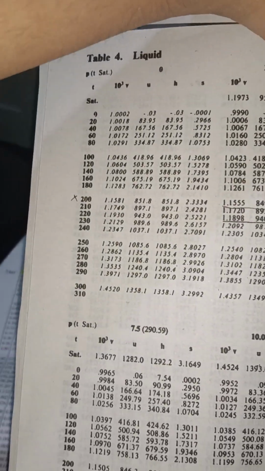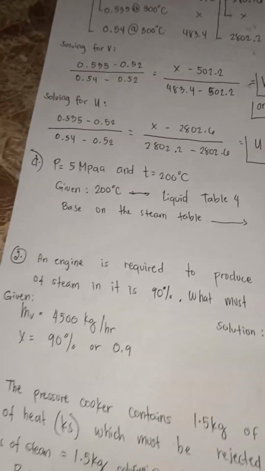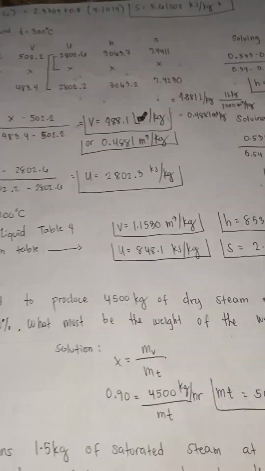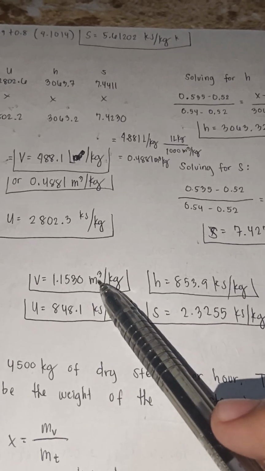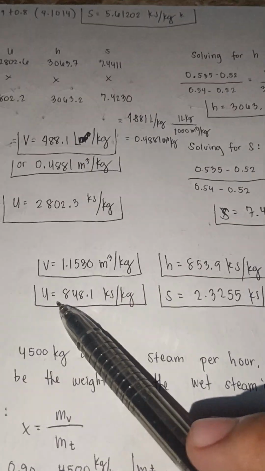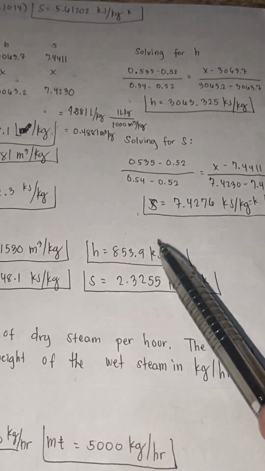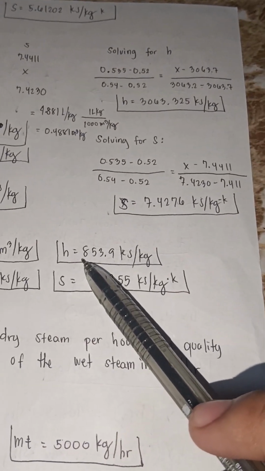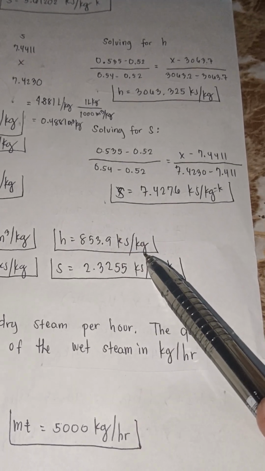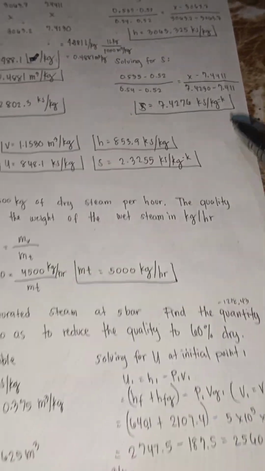So based on the steam table, here are the given. So the volume is equal to 1.1530 cubic meter per kilogram. And the internal energy of 848.1 kilojoules per kilogram. And the enthalpy is equal to 853.9 kilojoules per kilogram, and the entropy is equal to 2.3255 kilojoules per kilogram.